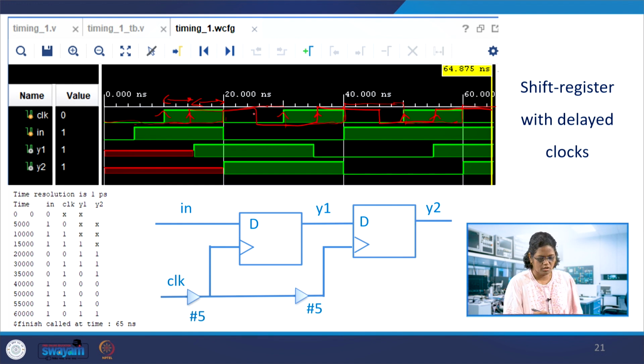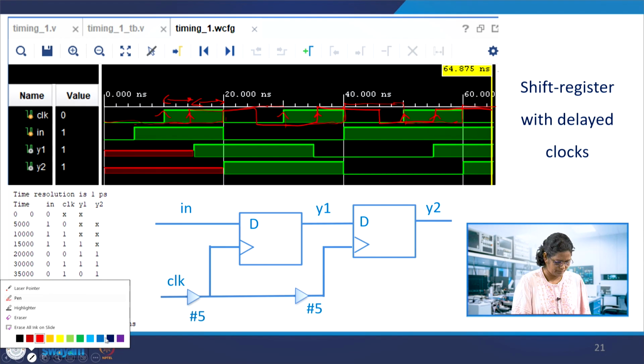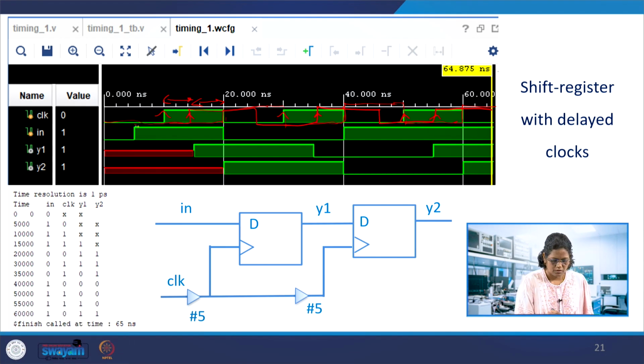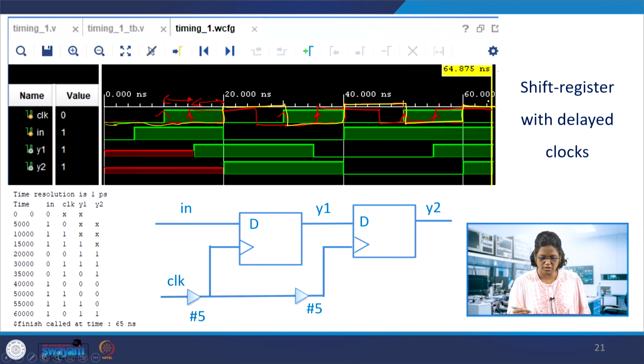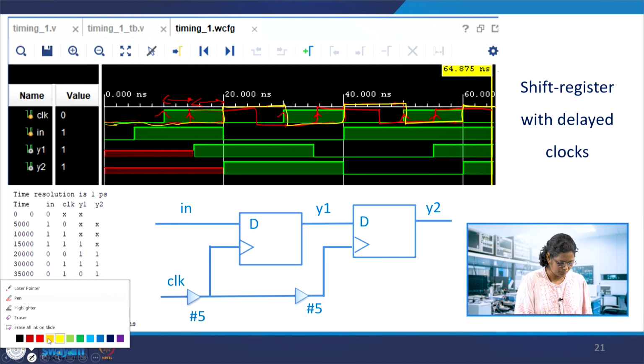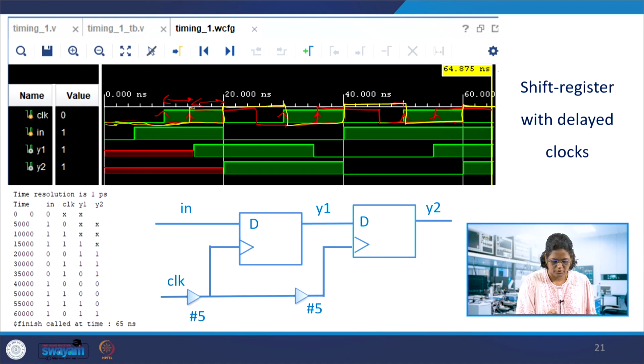So this is the third clock, which is 10 time units delayed. The second one is over here, which is this timed clock. Okay, so this one.